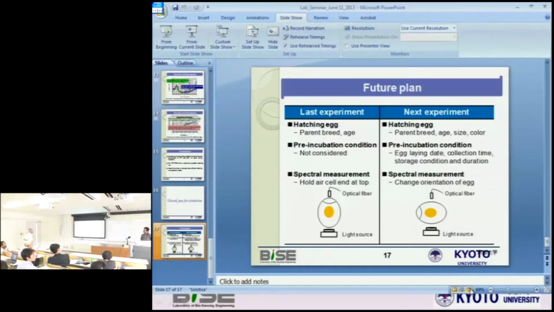How do you decide? Still I did not decide how much distance we will keep. We will make one trial here and then we decide this distance between the optical fiber and light source.